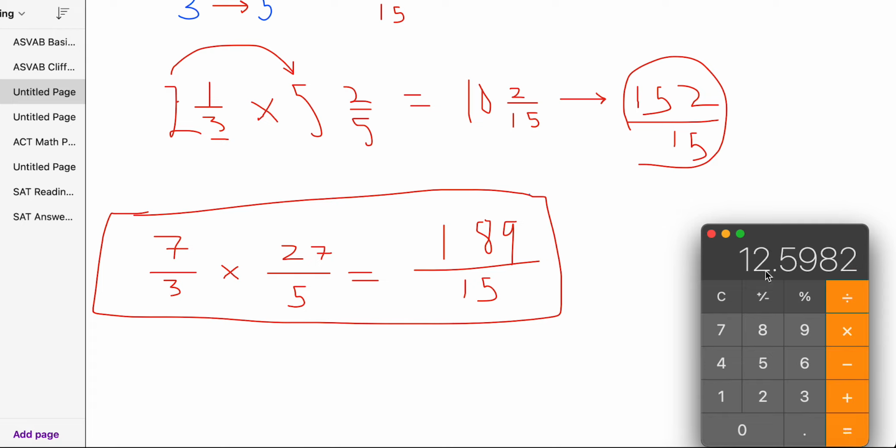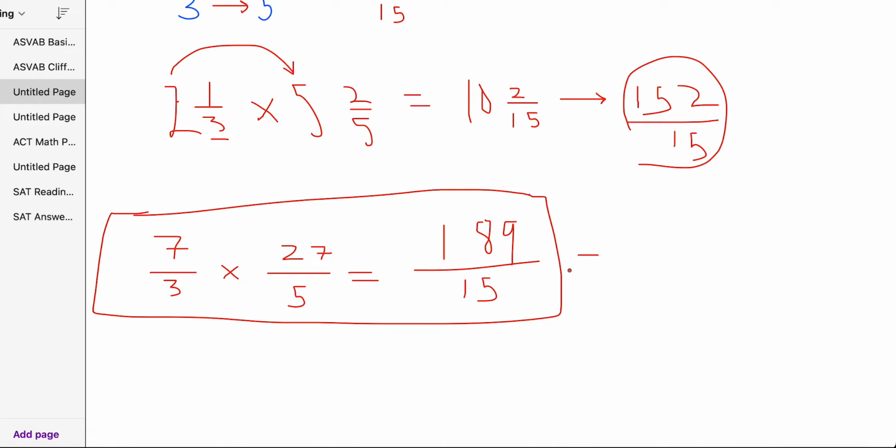And then we get 12. Yes, we get 12.59, blah, blah, blah. Which is what we should get when we divide the 189 by 15. Should give us, yep. So when we divide this by this, we should get about 12.6, which is roughly what the calculator showed.